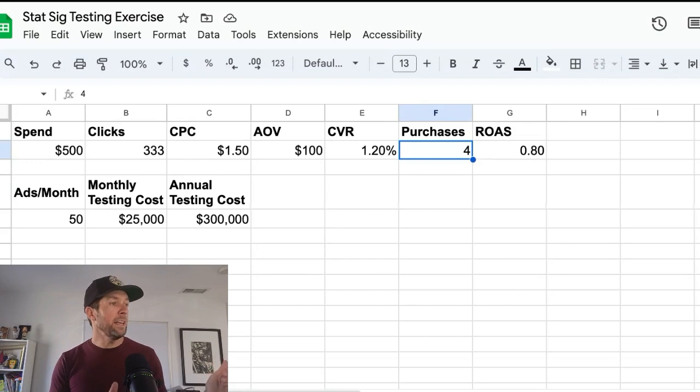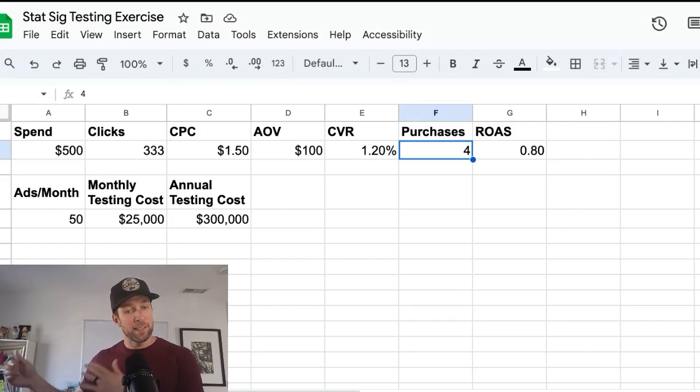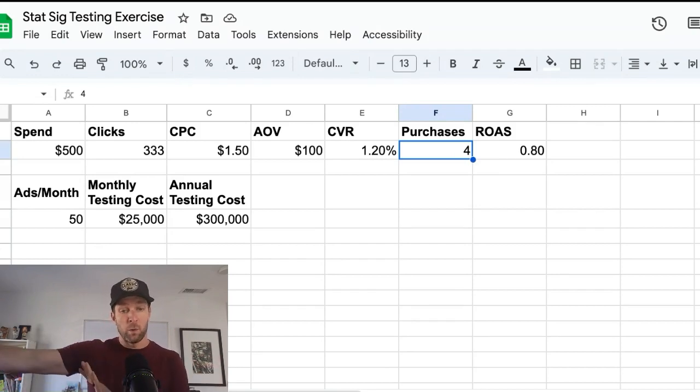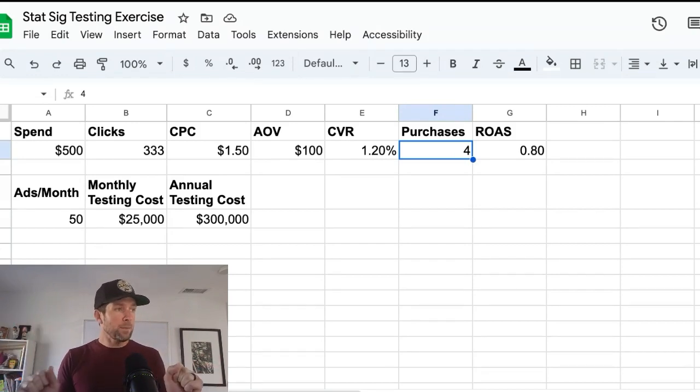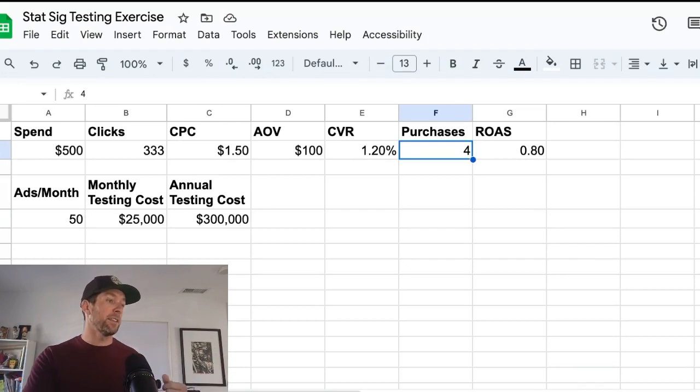Because we're bad at interpreting this kind of evidence in general, and because our human lizard brains get in the way and don't do a good job of being unbiased in our prediction methods, what we're going to do is very likely leave ads on the table that actually could be better than ads that look better on some level of small spend than the ones that we turned off. Do you see what I'm saying? We're going to leave one of these ads on the table, even though it actually has a good chance of being a winner. We haven't reached statistical significance in saying that it's a loser.